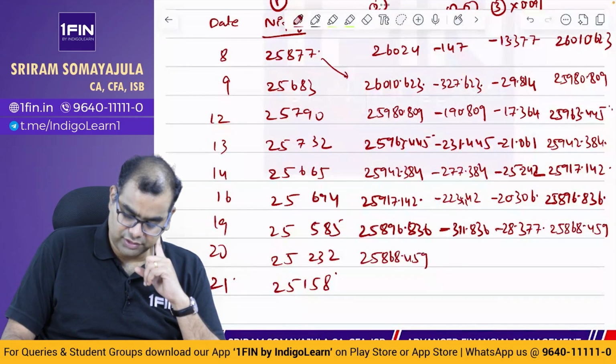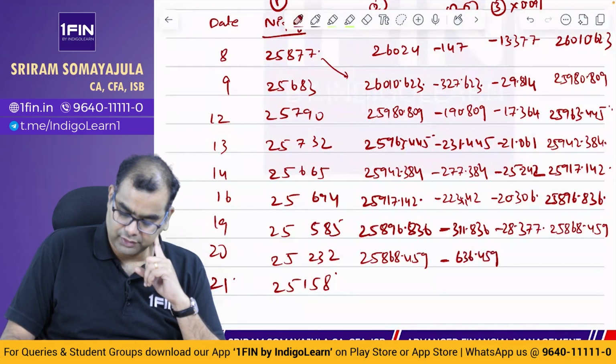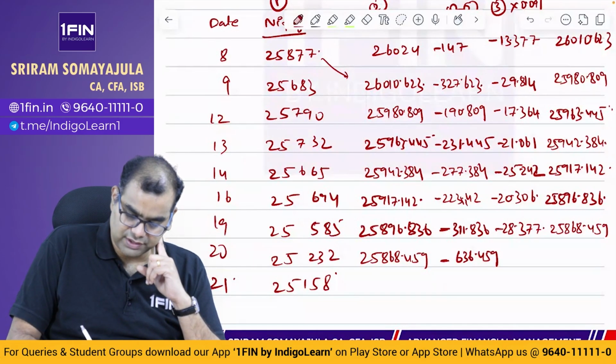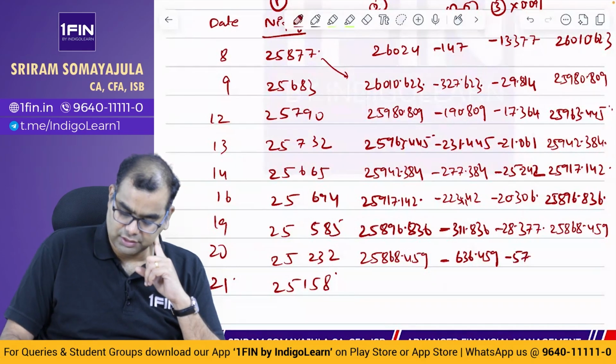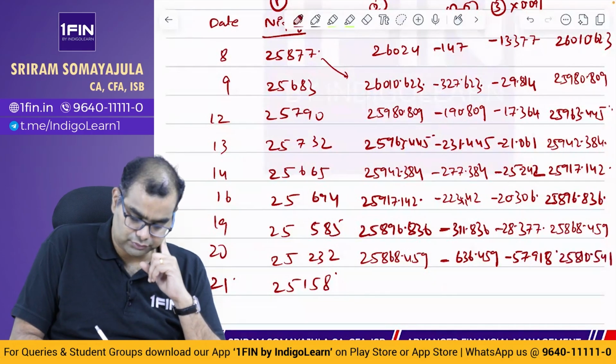25868.459 minus 25232 is equal to minus 636.459 into 0.091 is equal to minus 57.918. 25868.459 minus 57.918 is 25810.541.